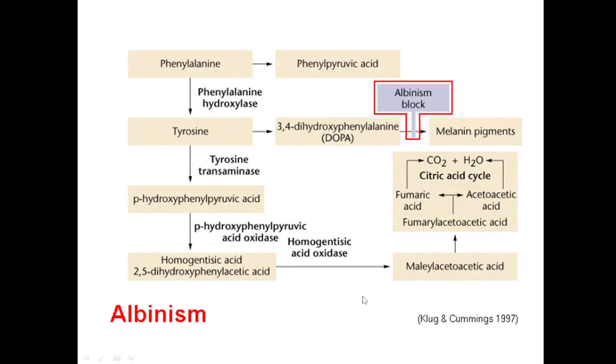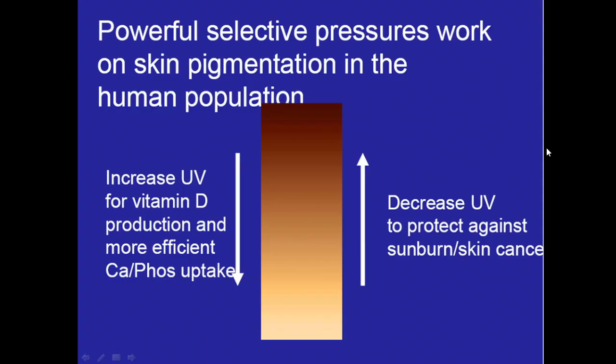Albinism. Now we can see again the block of metabolism of phenylalanine and tyrosine. Now you can see the synthesis of melanin pigments, and disruption leads to changing intensity of skin color.